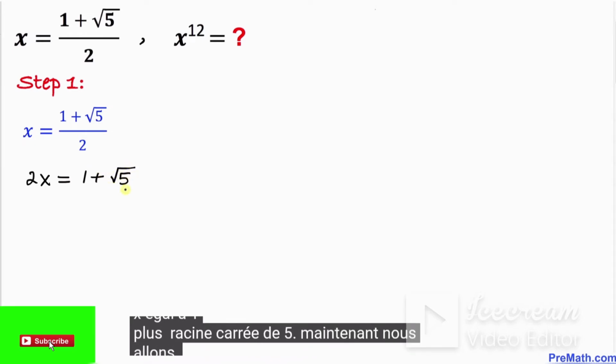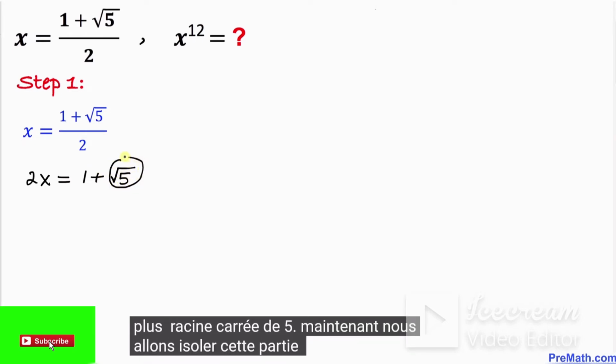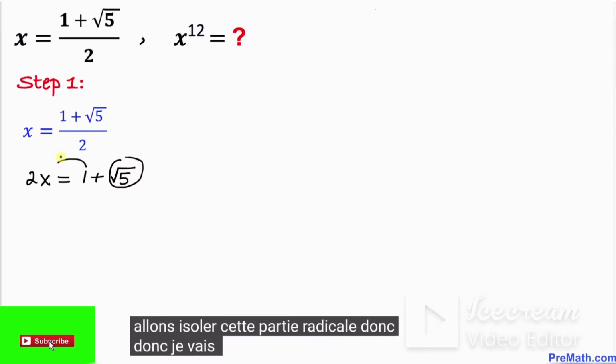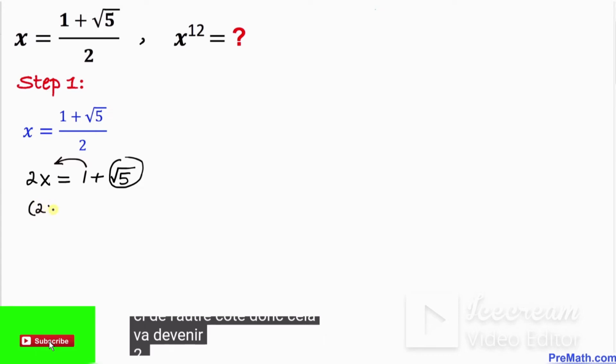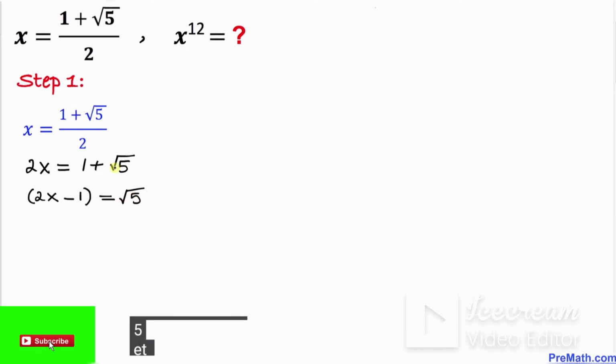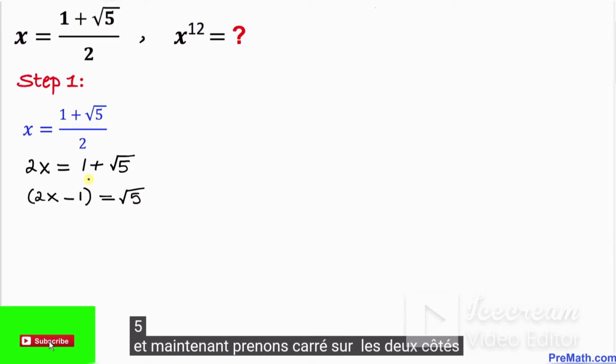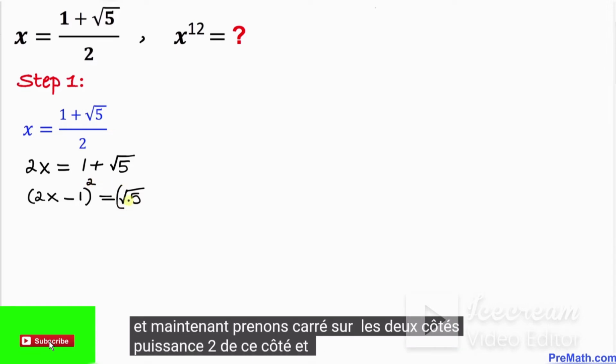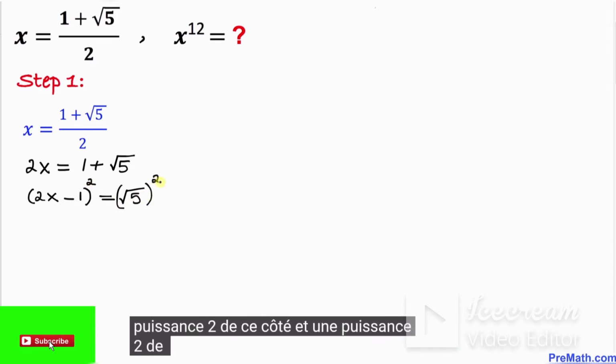Now we are going to isolate this radical part, so I'm going to move this 1 to the other side. This becomes 2x minus 1 equals square root of 5. Now let's take the square on both sides, power 2 on this side and power 2 on this side as well.